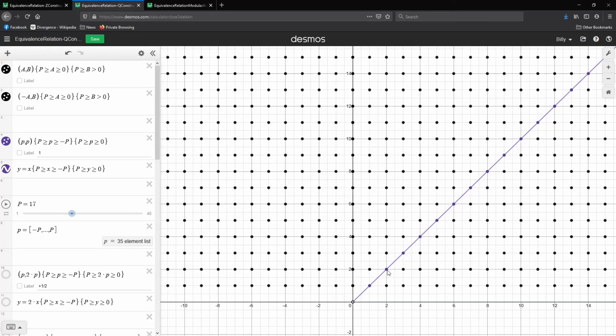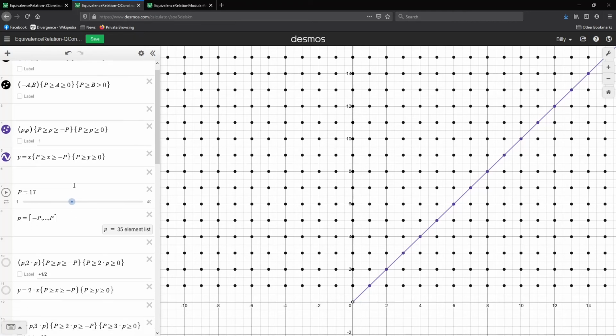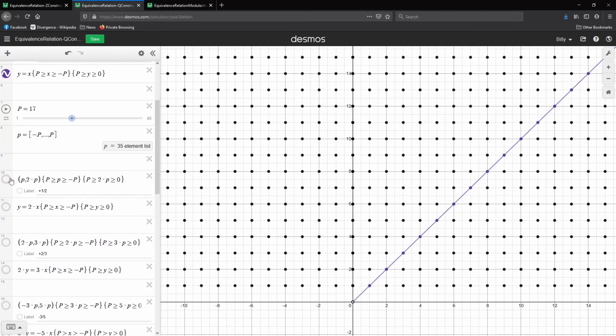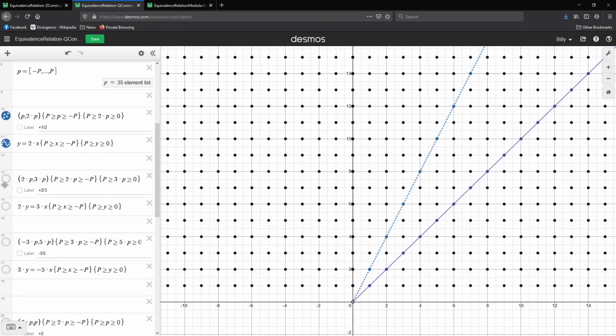So (2, 2) is equivalent to that, (3, 3) is equivalent to that, and so on and so forth. And everything equivalent to (1, 2) is all of these points right here. Everything equivalent to (2, 3) is all of these points right here. This is the equivalence class of (2, 3).